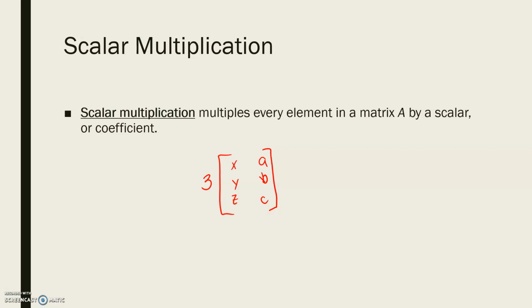Essentially what we're doing is taking that scalar, the number 3, and multiplying it by each of the elements inside. So 3 times x, 3 times a, 3 times y, 3 times b, 3 times z, 3 times c. It's just a fancy way of saying the distributive property.